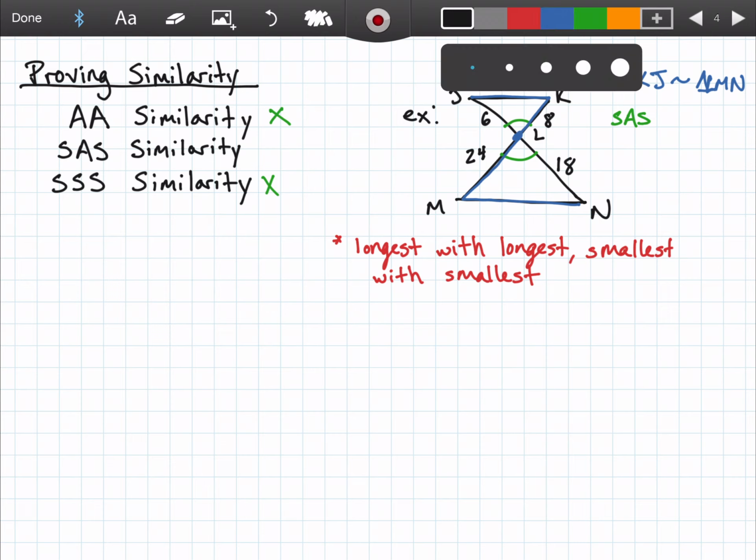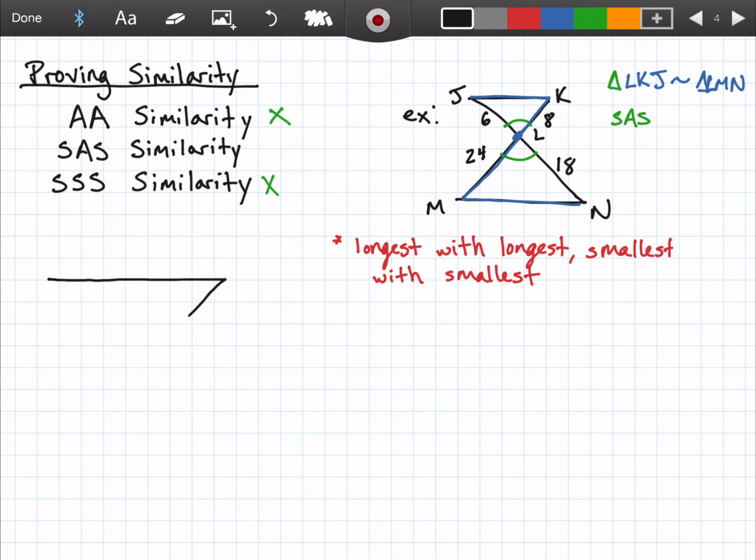If I had something maybe with like parallel lines, no sides are labeled, so that's a good hint. You're going to use angle-angle similarity.